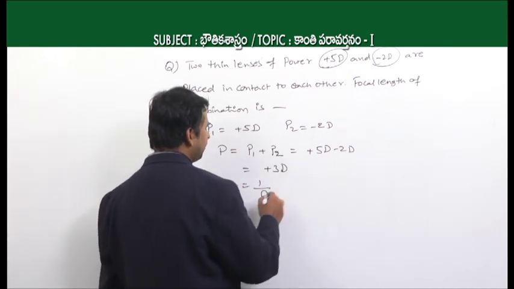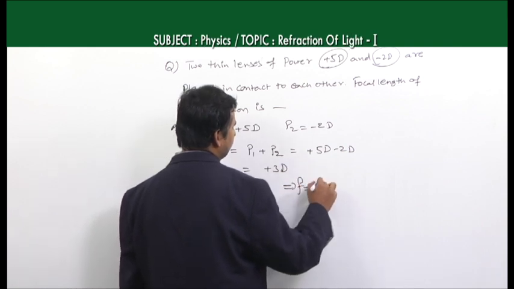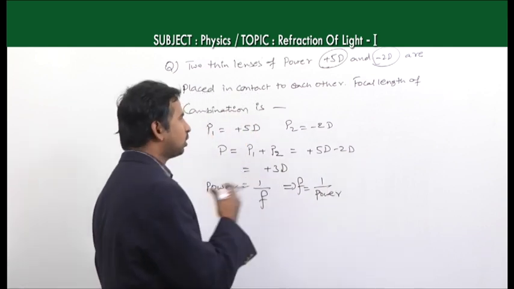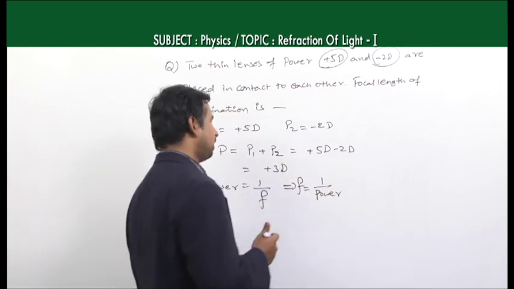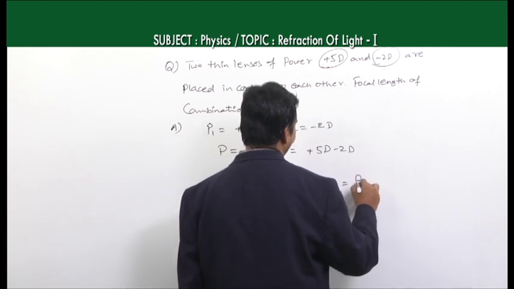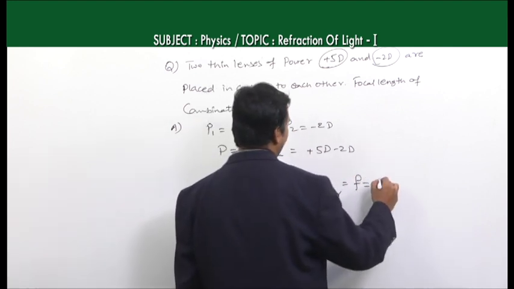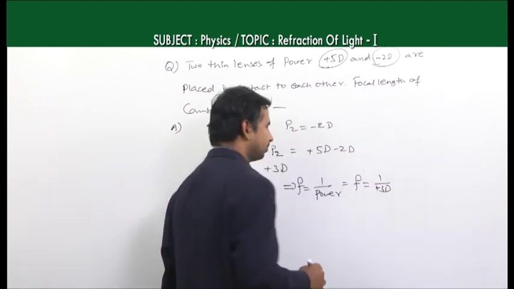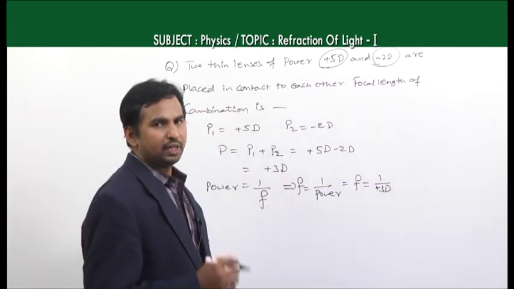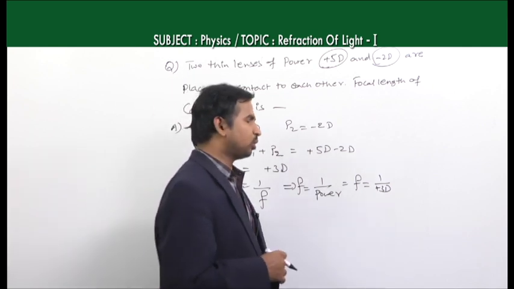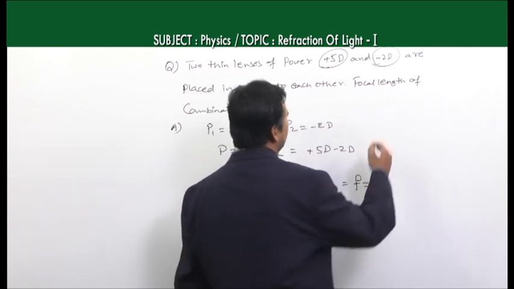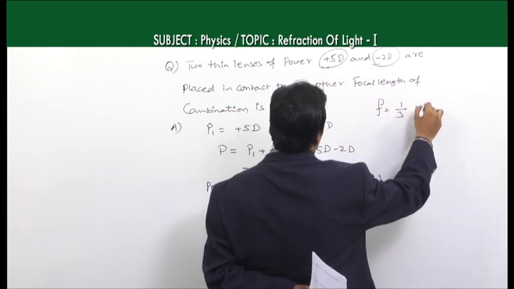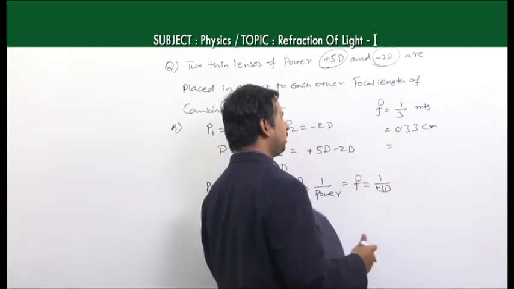Or you can also write that focal length is nothing but the reciprocal of the power. For this combination of both the lenses, f is equal to 1 by power, where the power of the combination we got is plus 3D, and D represents per meter. Then f is equal to 1 by 3 meters, which is 0.33 meters.